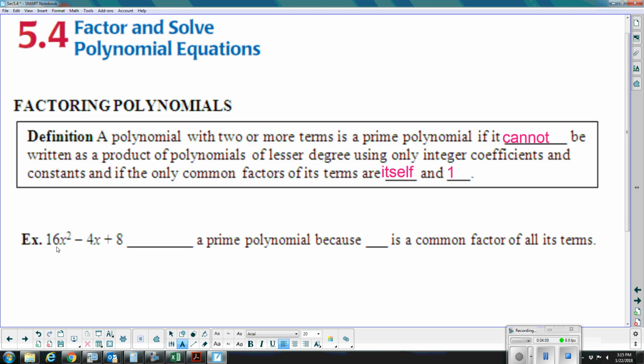So for example, 16x squared minus 4x plus 8 is not a prime polynomial because 4 is a common factor of all its terms.